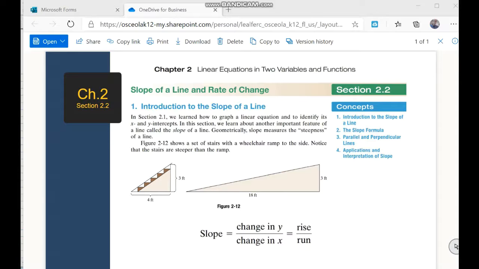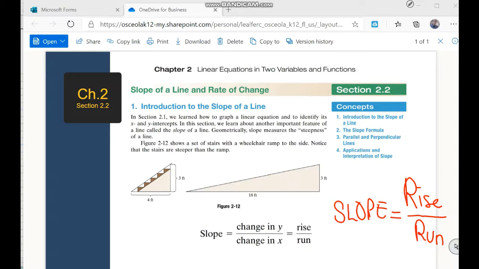And we have two different slopes here, the stairs and the ramp. To find out the value of the slope, this is the formula that I need you to memorize, to remember, to never forget. Slope equals rise over run. From now on, if I say slope, you're going to think rise over run.